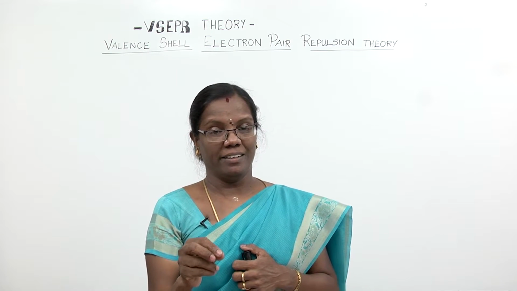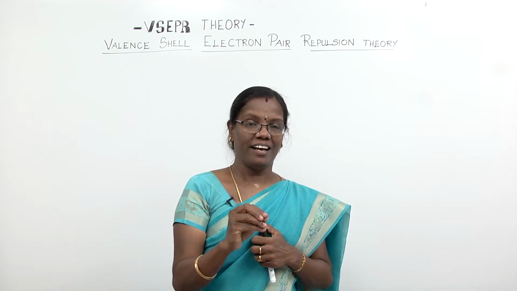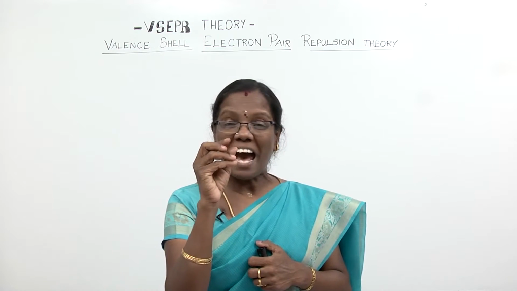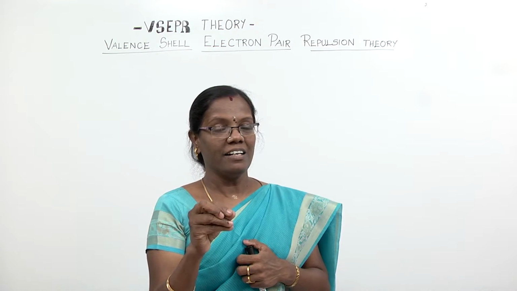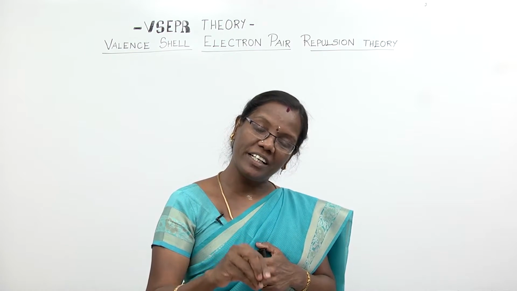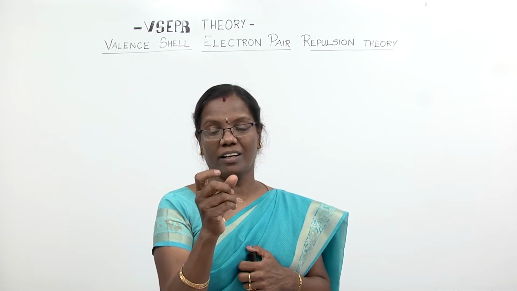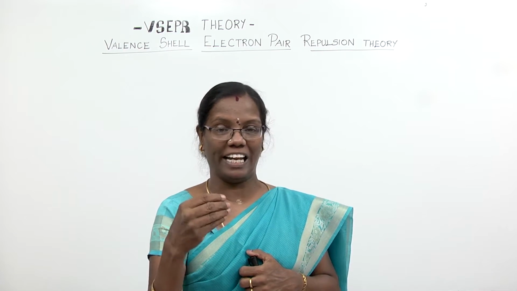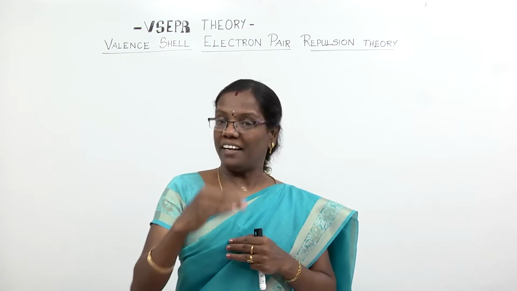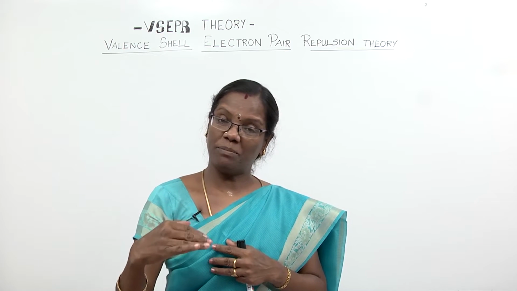What is a lone pair? A lone pair is a pair of electrons which is not involved in bonding. That is, those electrons are the excess electrons. And what is a bonding pair?